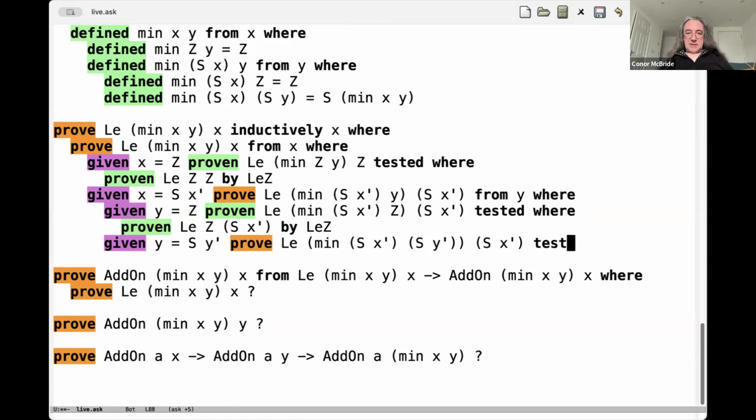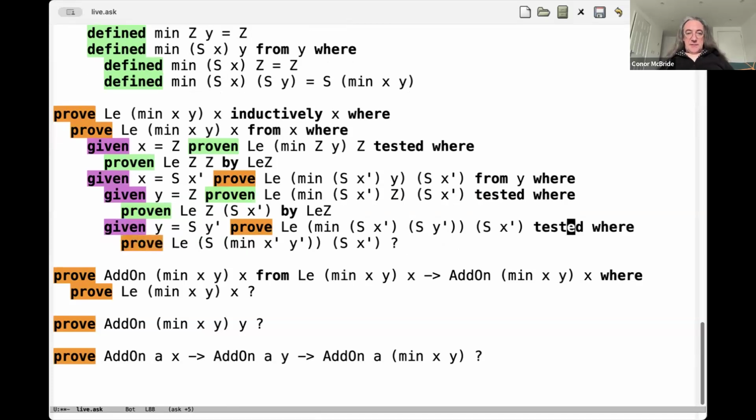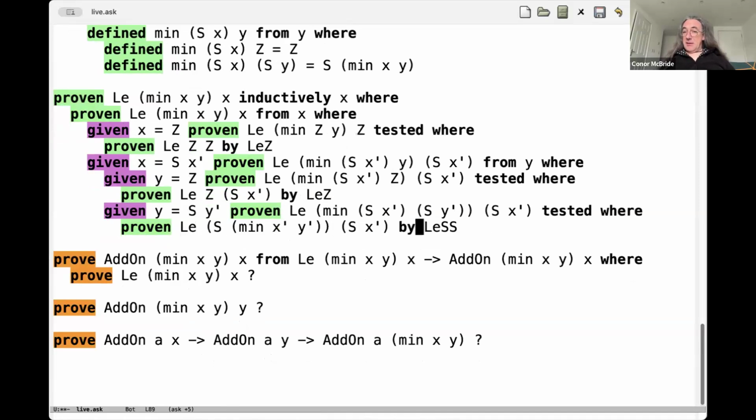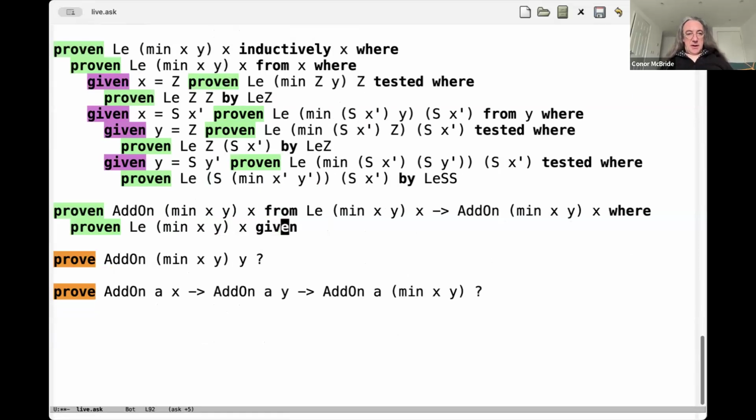And then here I say test, and I get myself some computation, and I say, well, I've got 2 spuds, so I can peel them off in each position, and what I get left with is exactly the induction hypothesis, with all the x's and y's replaced by primes when I take the s off. So hopefully I can now say given there.